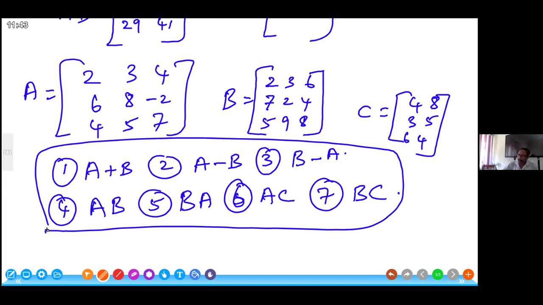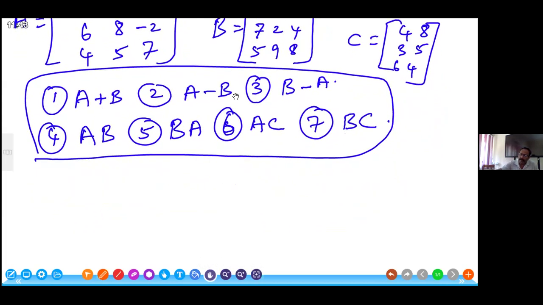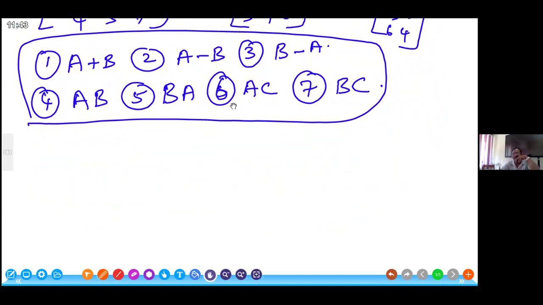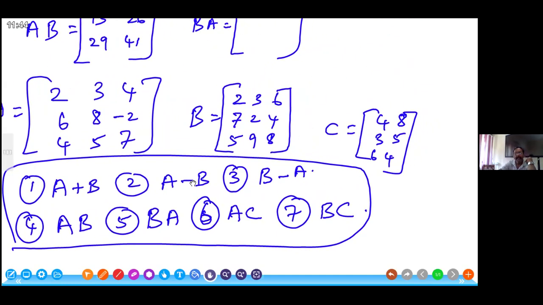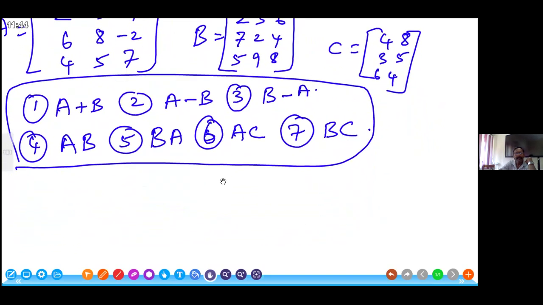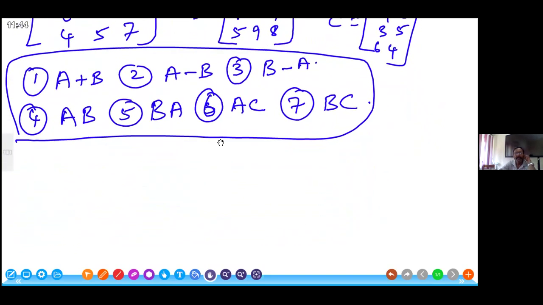Any questions? We will continue. Some more theory next time. There are some applications, we will see that later. Still, we are in the learning process. Any questions? Three matrices A, B, C have been given. You have to find out all these different computations: adding, subtracting, and multiplying.